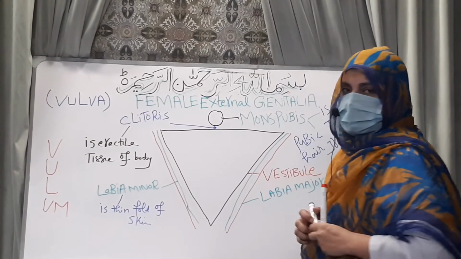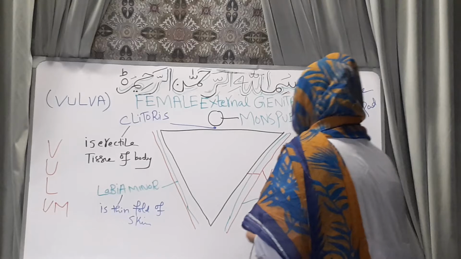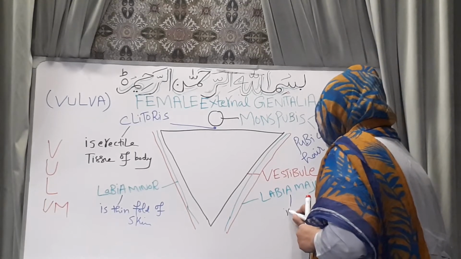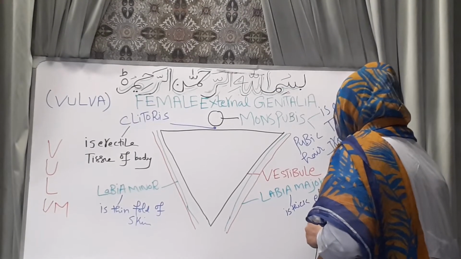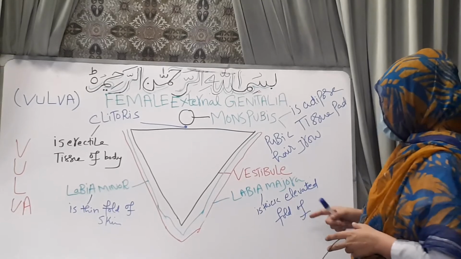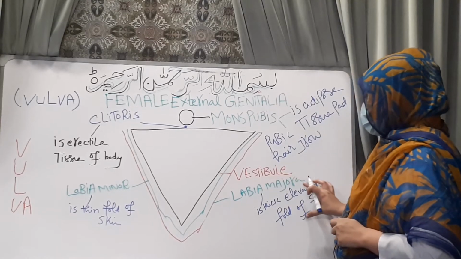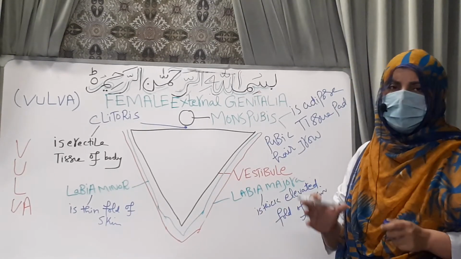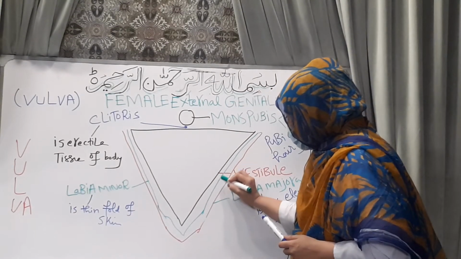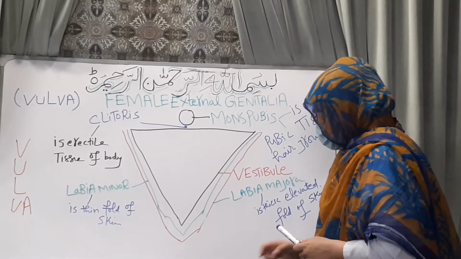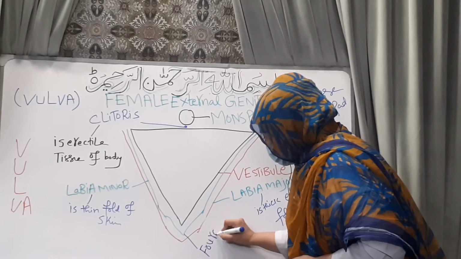Labia majora is a thick elevated fold of skin. Labia majora is present lateral to the labia minora. The lower part where the labia minora of both sides fuse is known as fourchette.